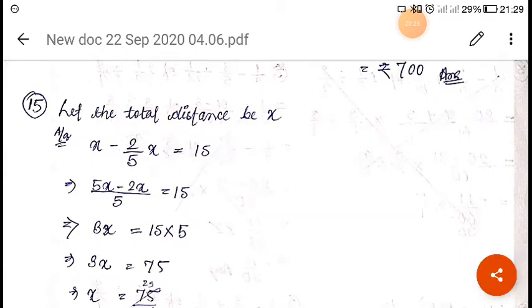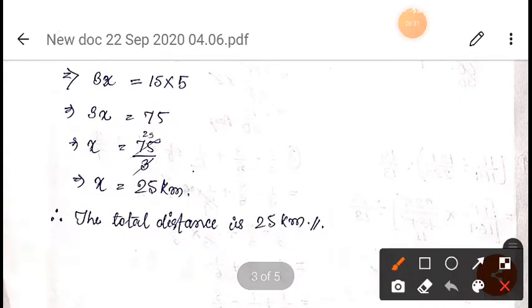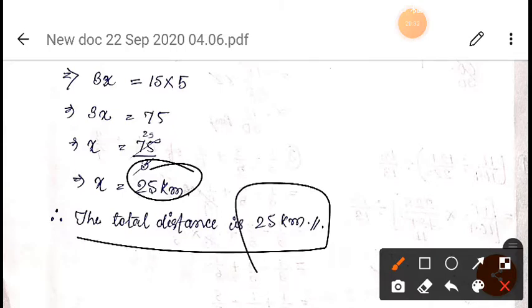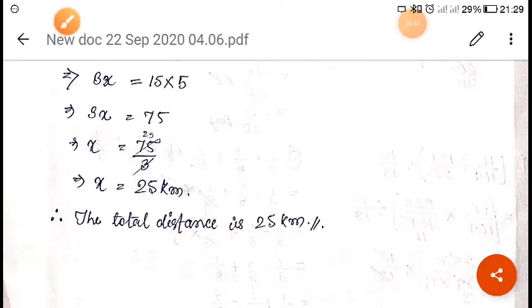When you solve this, you will get x equal to 25 kilometers, which means the total distance was 25 kilometers. So I hope you have got this.